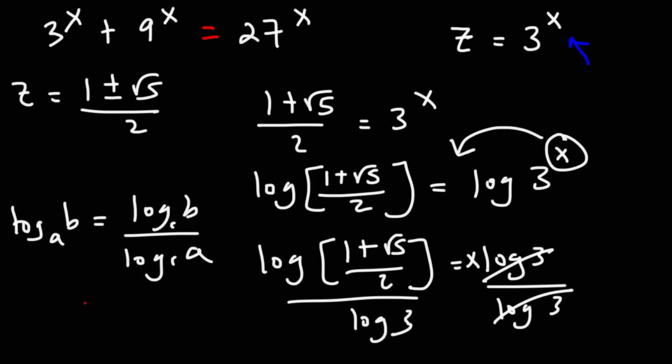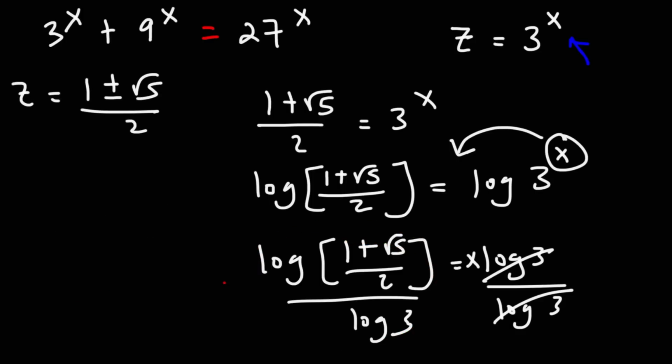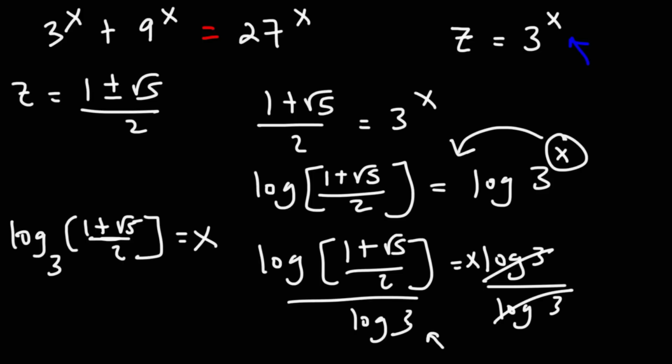So using the change of base formula going back in this direction, we can rewrite this expression like this. We can write it as a single log, base 3, and then whatever we have here: 1 plus the square root of 5 over 2. So that's equal to the value of x.